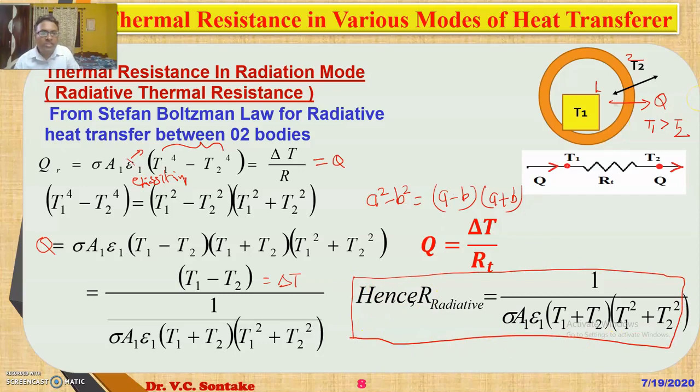So whenever heat transfer is taking place from body 1 to body 2 by radiation, with some medium present, that medium will offer this much thermal resistance to the path of the radiative heat transfer. This way we have deduced the different expressions for thermal resistance in conduction mode, convection mode and radiation mode.